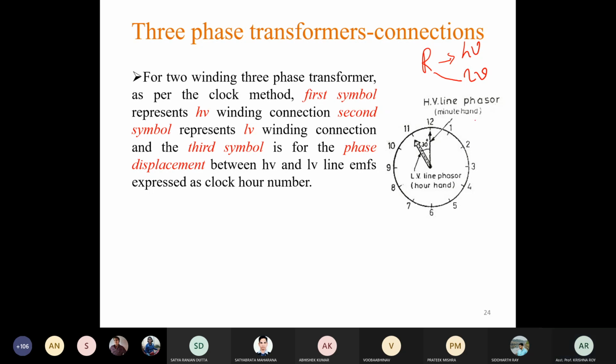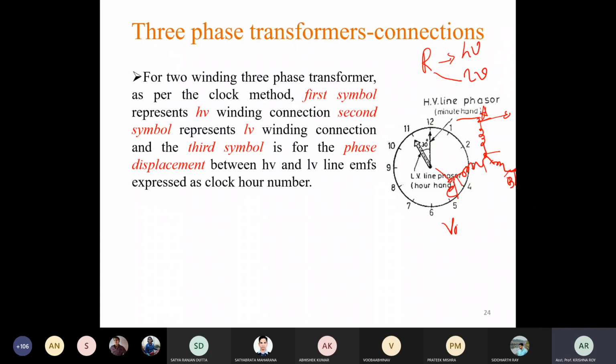Suppose this is one star connected winding. This point is A, this point is B, this point is C. This EMF is the phase EMF, this EMF is the phase EMF, and this one. But the line EMF is between A and B, or B and C, or C and A. Correspondingly, you will have similar line EMFs in the case of the low voltage winding.